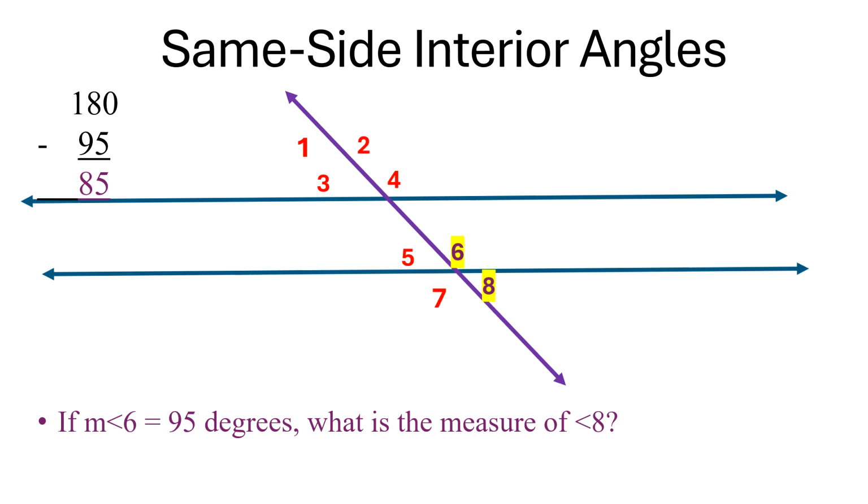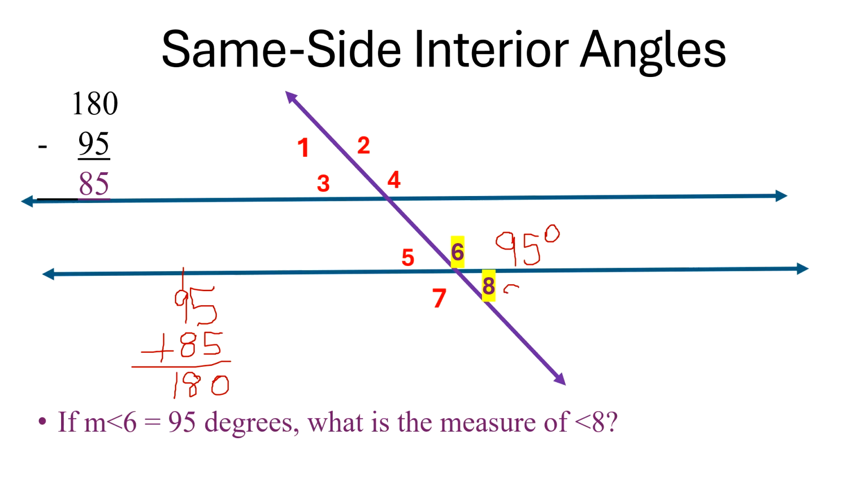Why is that? Because you said that angle 6 was 95 degrees. So 95 plus 85 has to equal 180.